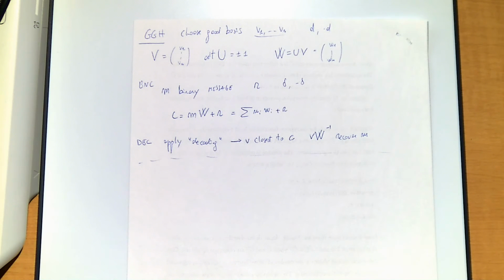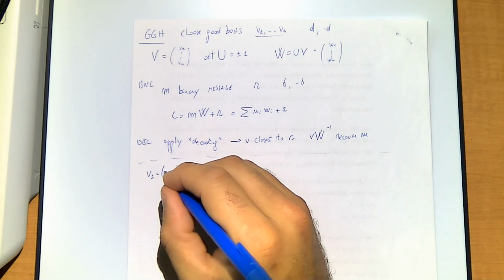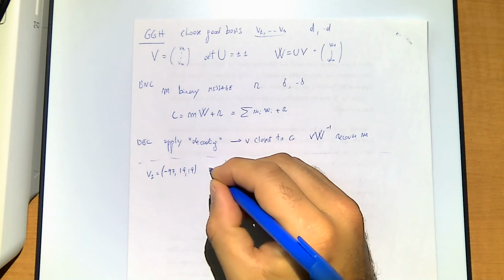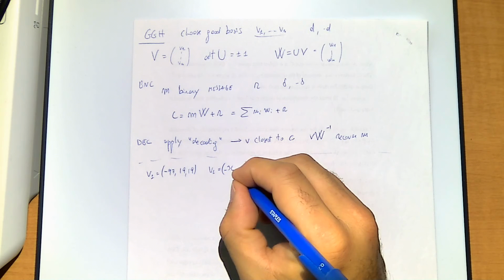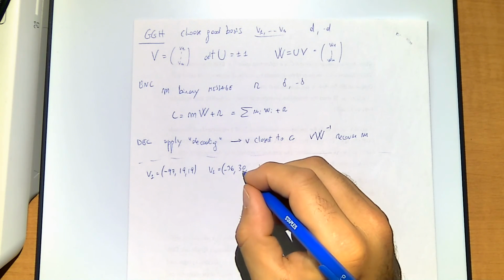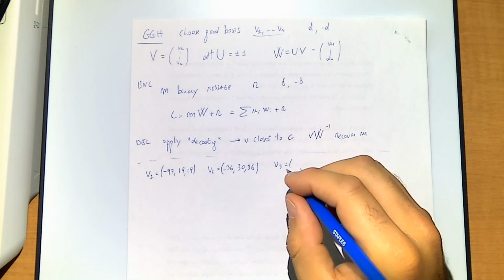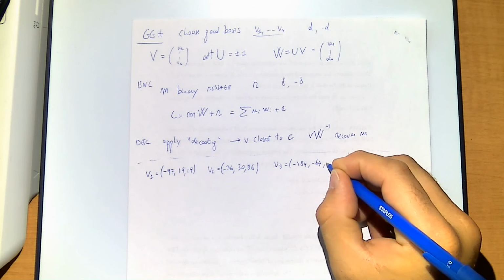So here is a very simple instance of GGH with a three-dimensional example, and we have V1 equal to -97, 19, 19, V2 to be -36, 30, 86, and V3, which is -184, -64, 78.